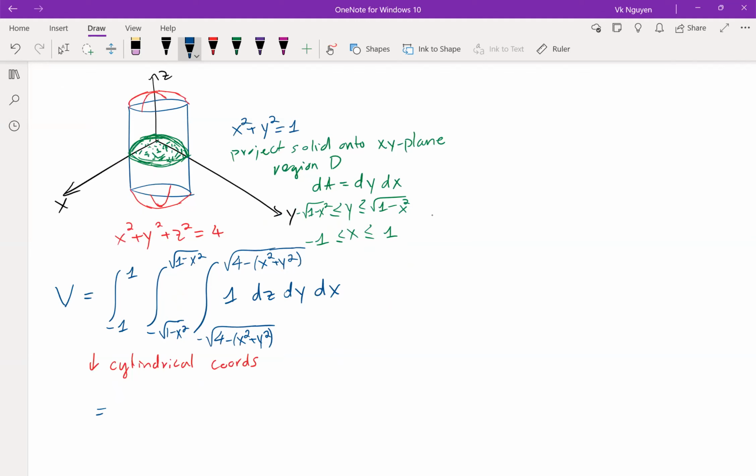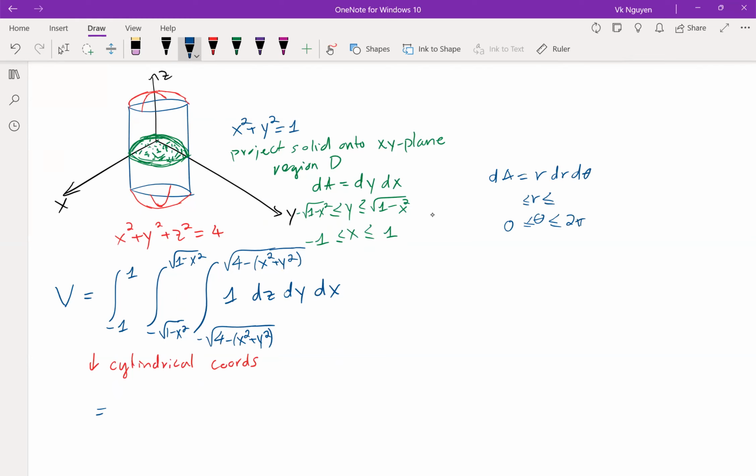Okay, so into cylindrical coordinates, dA is going to be r dr d theta. The radius here is going to go from, and then the angle is going to go from... If you look at the region D here, it's the full circular disk, right? So theta is 0 to 2 pi.